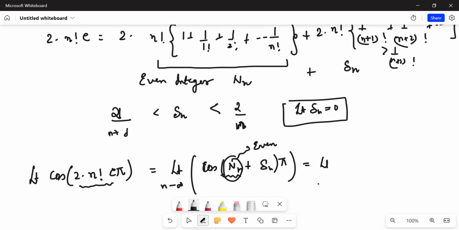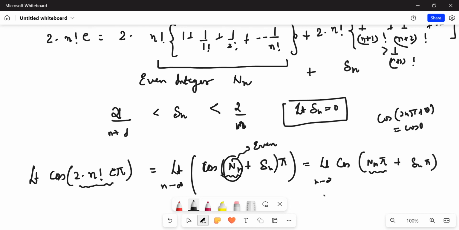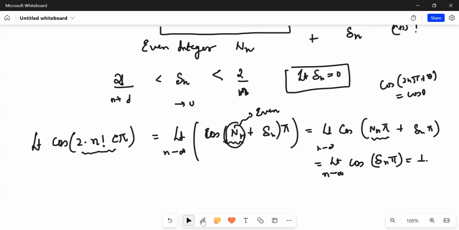So it is equivalent to writing limit n tends to infinity of cos of Nn pi, which is an even multiple of pi, plus del n pi. You know that cos of 2n pi plus theta is simply equal to cos of theta. So this will give you limit n tends to infinity of cos of del n pi. And we know that as n tends to infinity, del n tends to 0. Since del n tends to 0, this is cos 0, and cos 0 is simply 1. So the limit Pn that was asked in this question is equal to 1.